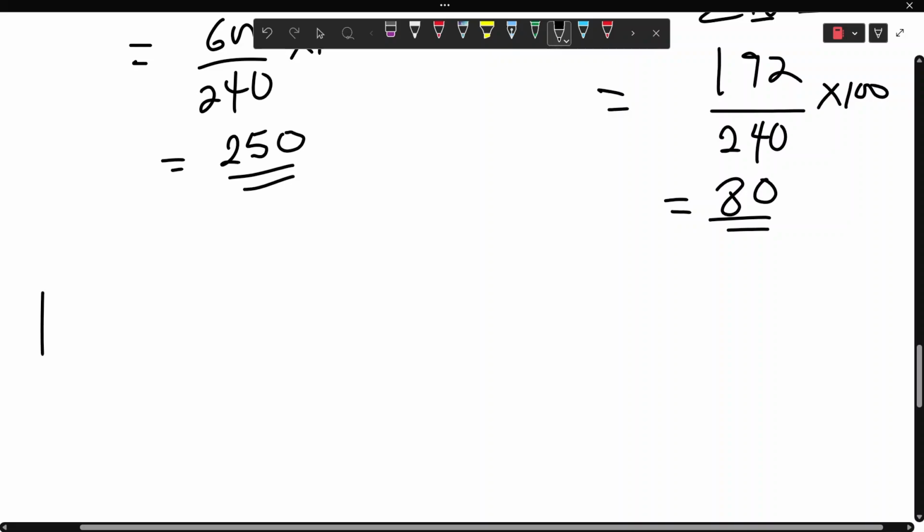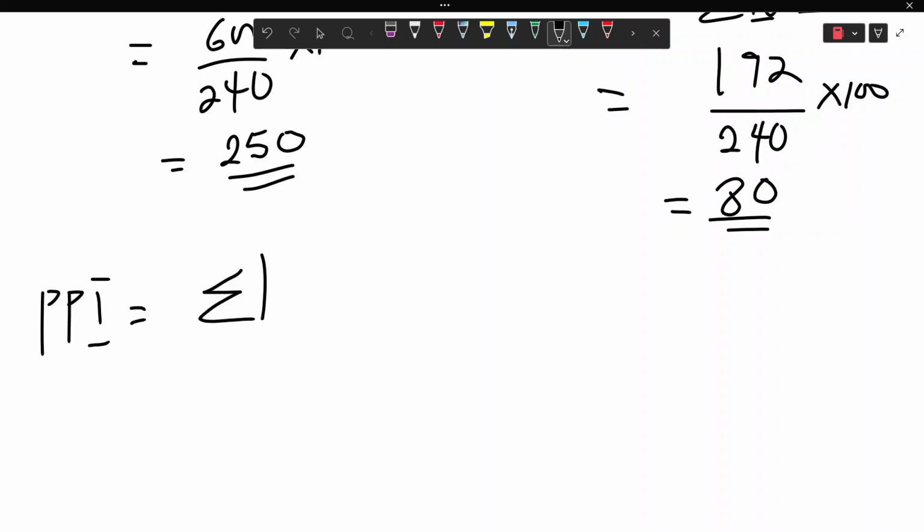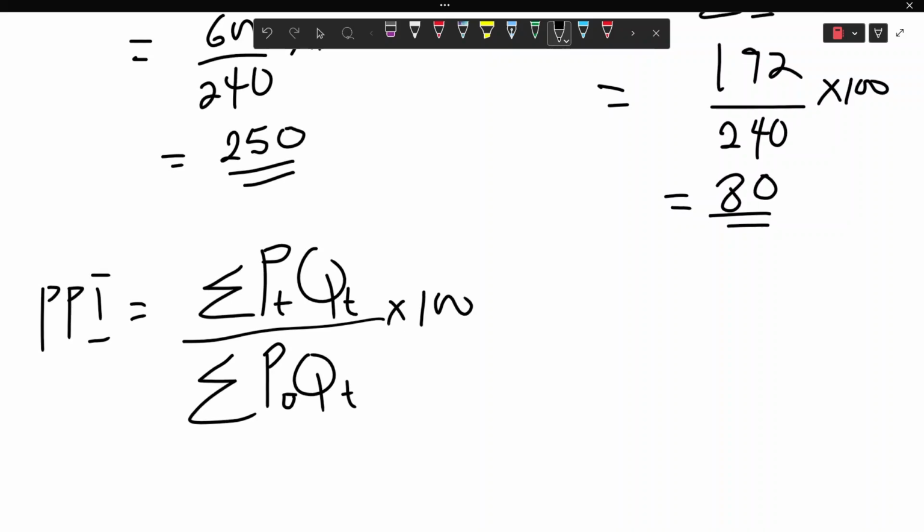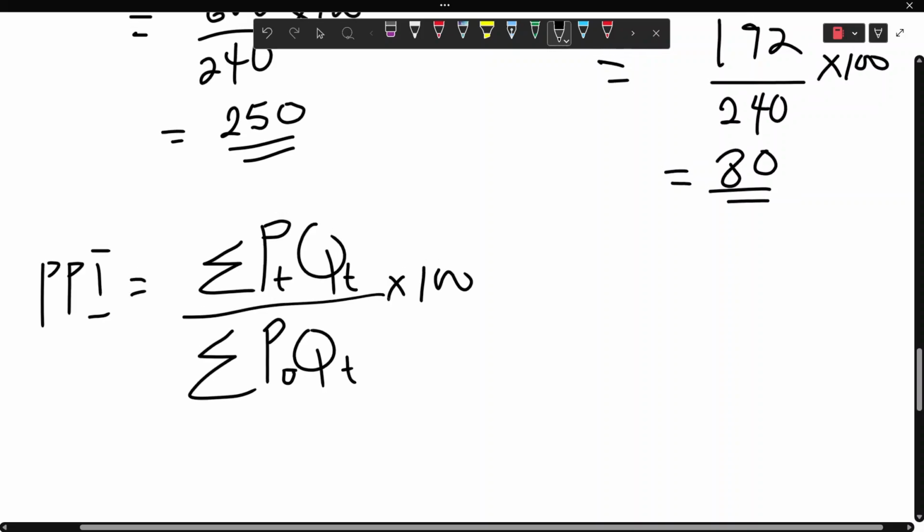Now we have the Paasche price index. It's also given by a formula. Paasche uses the current year quantity as the weight.